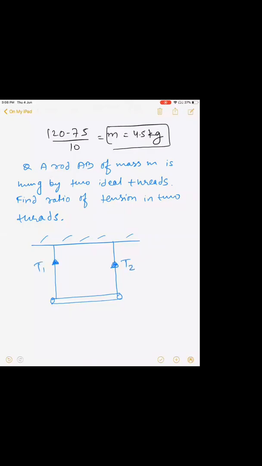First, look at the question. This complete distance is L by 2. Okay, but there is a small point mass, small m, placed at a distance L by 4 from the center. Okay, now find T1 upon T2.